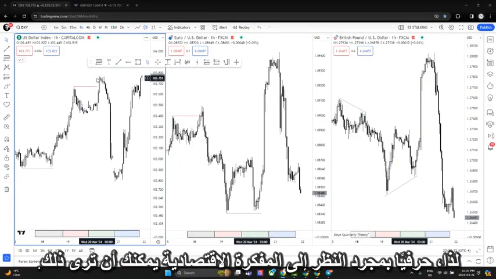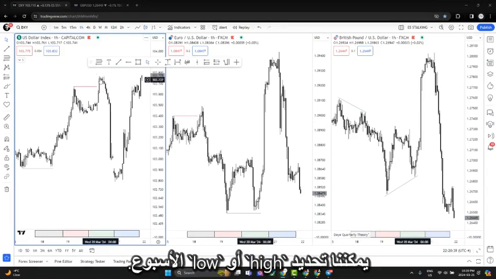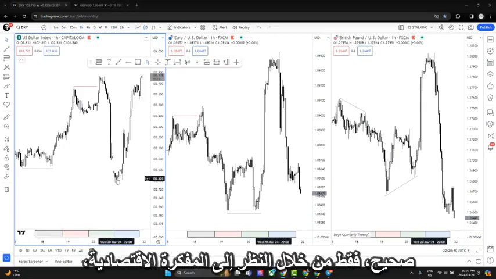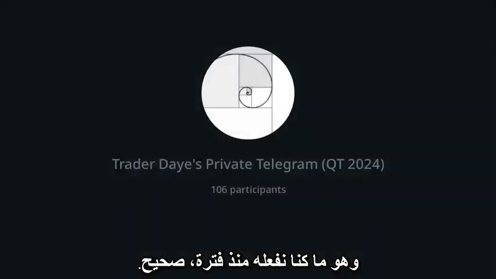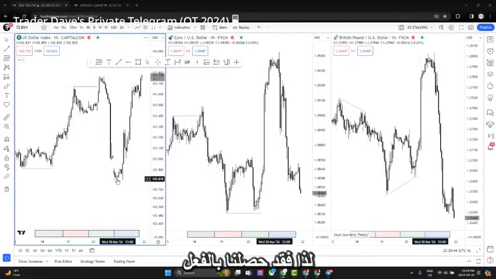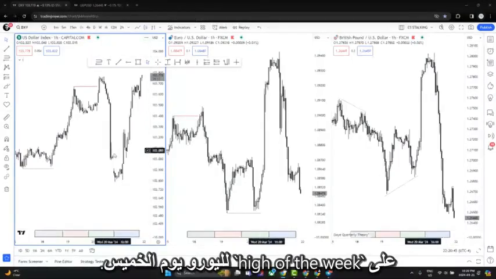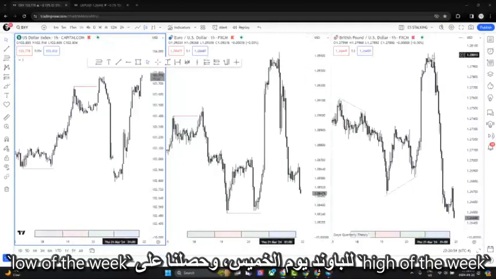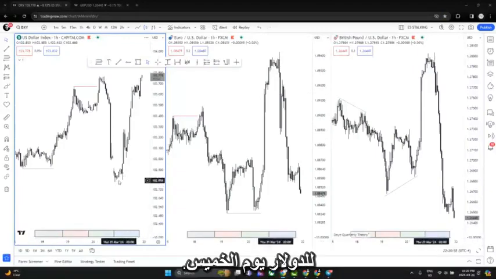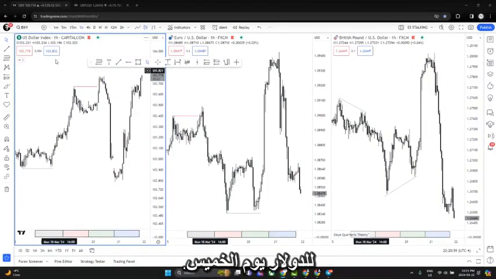So literally just by looking at the economic calendar, which is what we've been doing for a while, we can spot the high or low of the week. So we actually got the high of the week for the euro on Thursday, the high of the week for the pound on Thursday, and we got the low of the week for the dollar on Thursday.